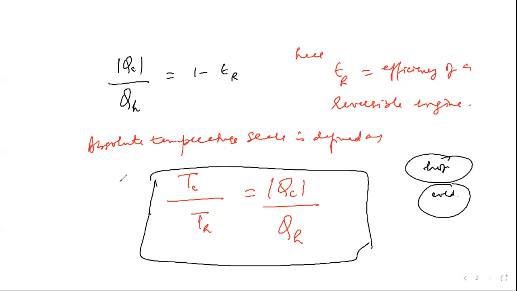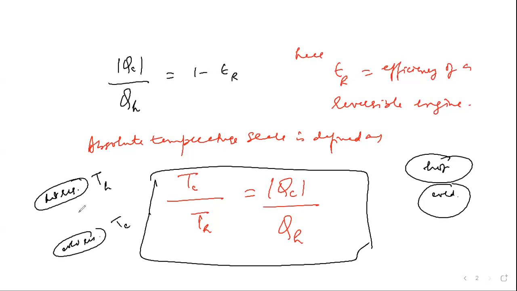Got it? I'm saying if I have hot reservoir and cold reservoir, you can say hot body and a cold body, and you want to find the ratio. It is my hot reservoir, it is my cold reservoir. You want to find the ratio of their absolute temperatures or temperatures in Kelvin, Th by Tc or Tc by Th.